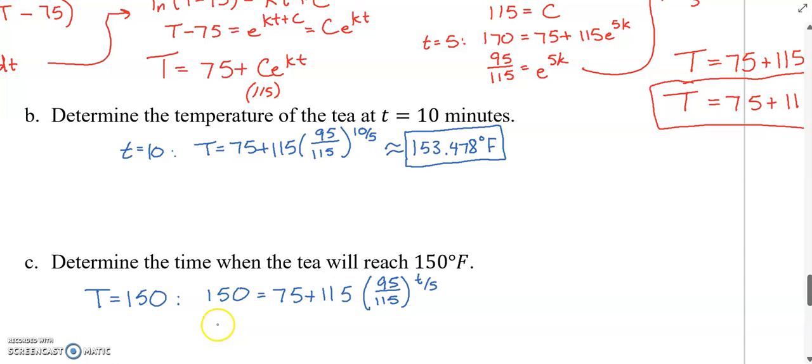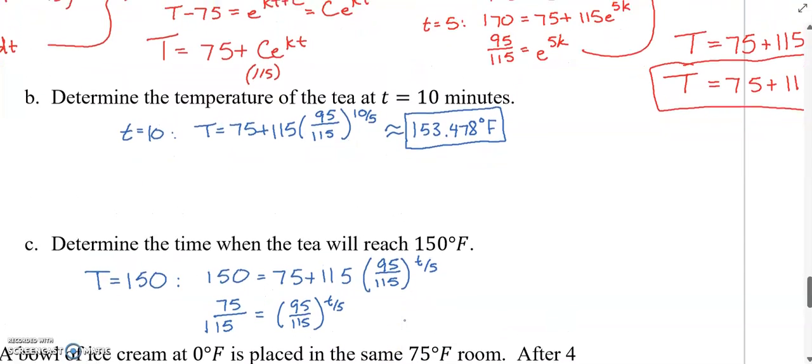Subtract 75 from both sides and get 75. Divide both sides by 115. And that's going to equal 95 over 115 raised to the t over 5. Okay, so we'll take the natural log of both sides like we did on that other problem.